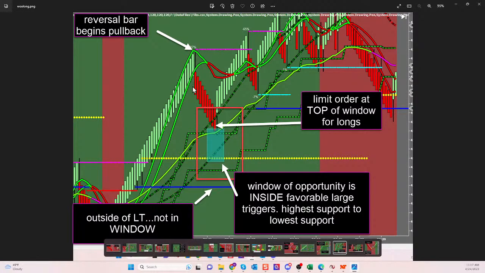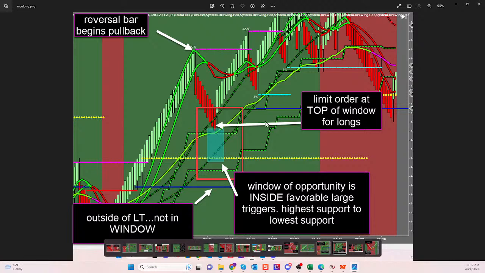Reversal bar prints from the top of the triggers to the bottom of the triggers. Mid-band, one-to-one, window of opportunity. Once that reversal bar prints, reduce your risk. Support's outside of the window of opportunity.